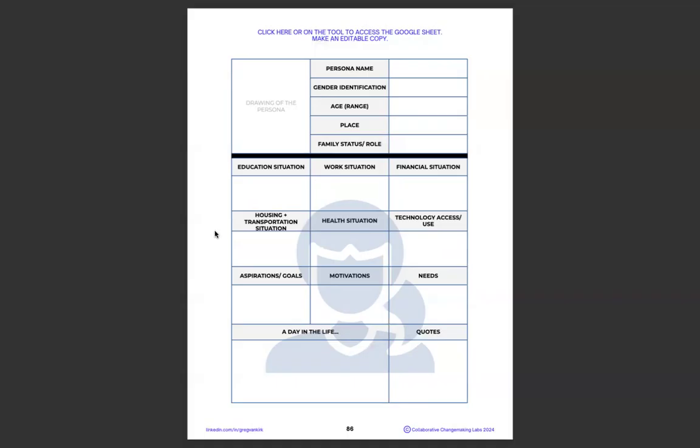And then you'll see each one of the different characteristics that I described when talking about this tool just a moment ago, you have them all here. So you have persona name, gender identification, et cetera. All right. So just fill in as much as you possibly can. That tells you as specifically as you can about this persona.